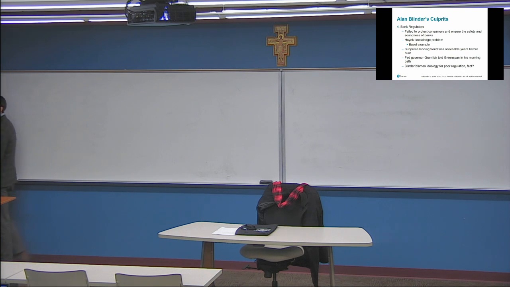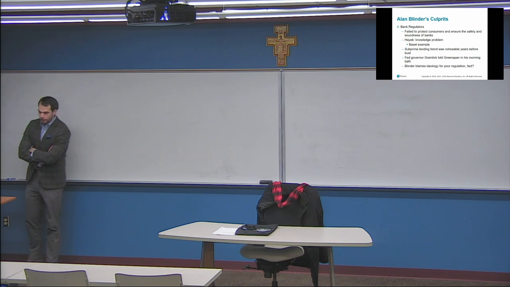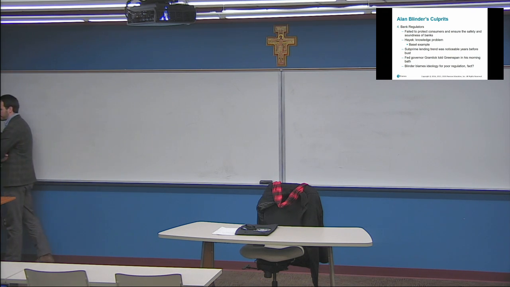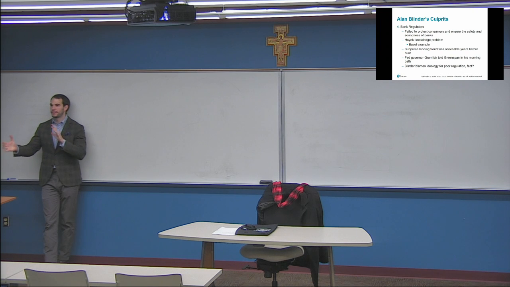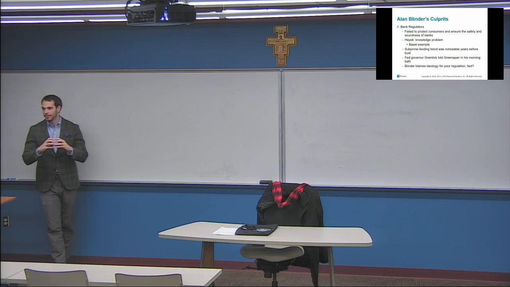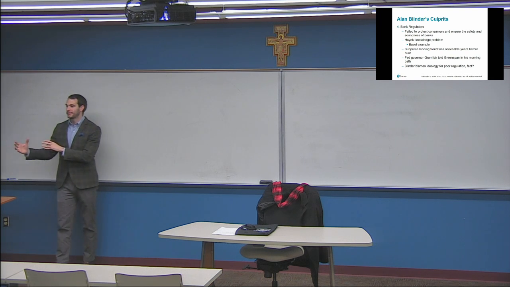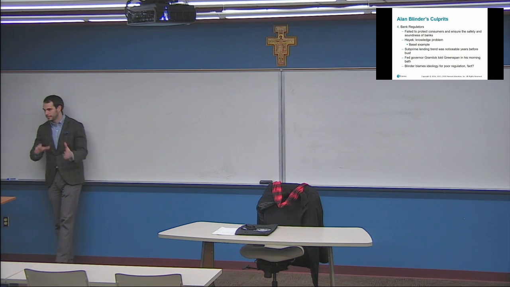I'll give a Basel example because I've been working on that this semester. Highly rated mortgage-backed securities had very low capital requirements. In the first round of Basel, they said every bank has to keep 10% of capital on hand. Banks complained, and people realized that they were shifting towards riskier assets. If you have to keep 10% of capital on hand no matter what, you're going to go after assets with greater yield, all things being equal.